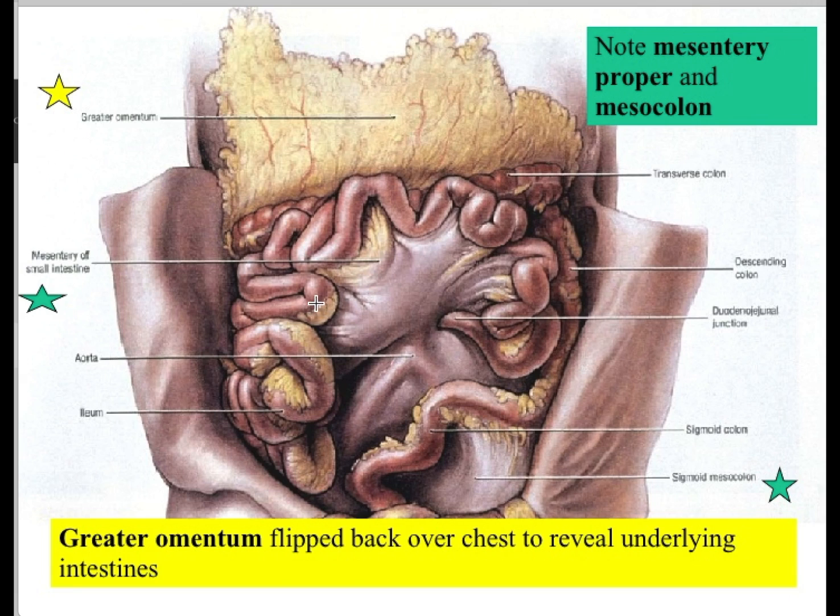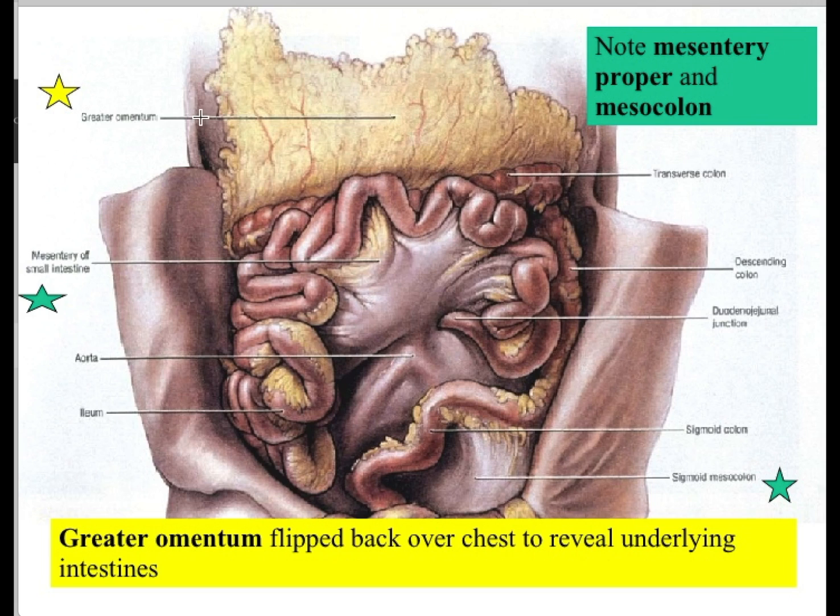Your intestines are organized within these mesenteries, so you wouldn't be able to pull it out in one big long tube very easily. So this one that is between the loops of the small intestine is called the mesentery proper.